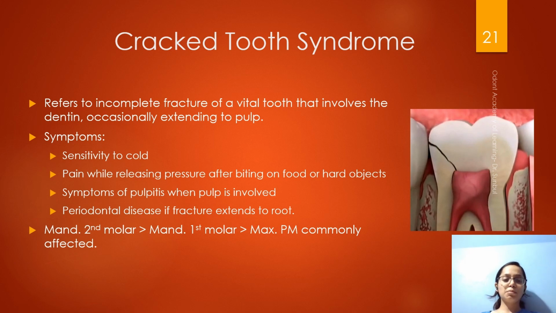There will be the same symptoms of pulpitis when the pulp is involved, and periodontal disease will also manifest if the fracture is extending to the root portion of the tooth. The mandibular second molars are the ones which are more prone to this than the mandibular first molars, and then the maxillary premolars, which will be commonly affected.